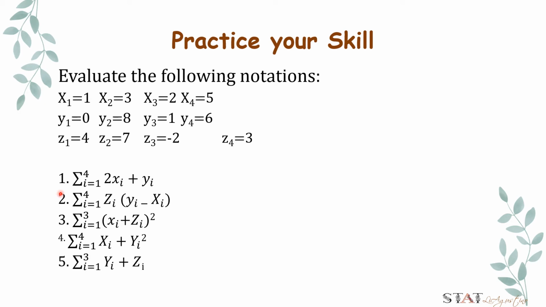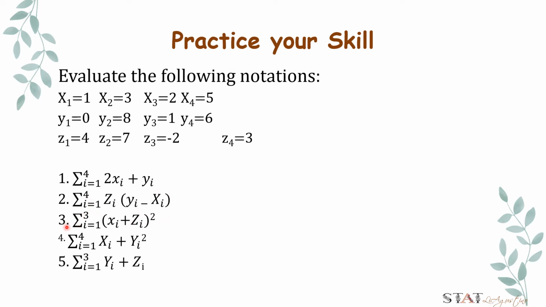For number 1, we have the summation of 2xi plus yi, where i ranges from 1 to 4. And number 2, we have the summation of zi multiplied to yi minus zi, in parentheses, where i ranges from 1 to 4.